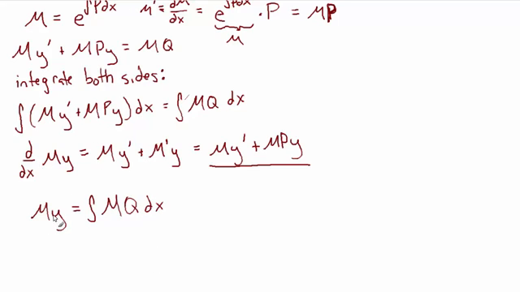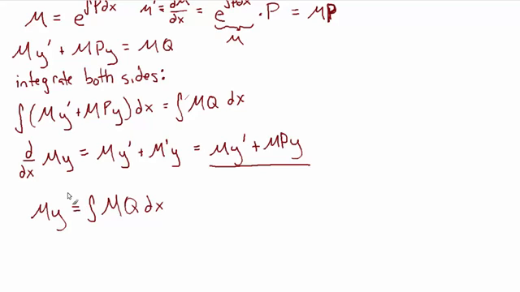Now we can hopefully find the integral of whatever mu times q works out to be with respect to x, and then at the very end we can divide by mu on both sides and get y by itself, and that should be the general solution for our differential equation.